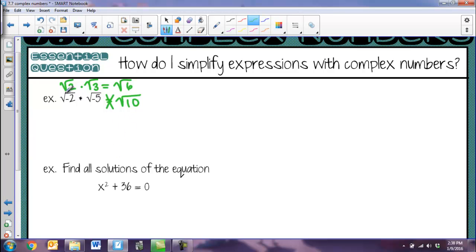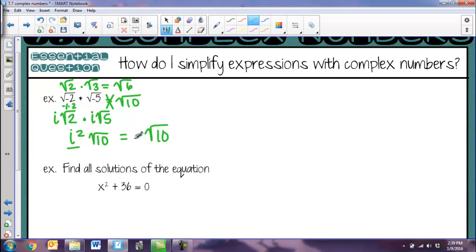If you think about this, if I simplified root negative 2, that's actually i times the square root of 2, because this would be negative 1 times 2, so you can take the square root out there. Okay, times, we would have that same thing, we'd have i, but now square root of 5. If I multiply this together, I have i times i, or i squared, times now 2 times 5 is 10, which actually gets me negative square root of 10, because i squared is equal to negative 1.